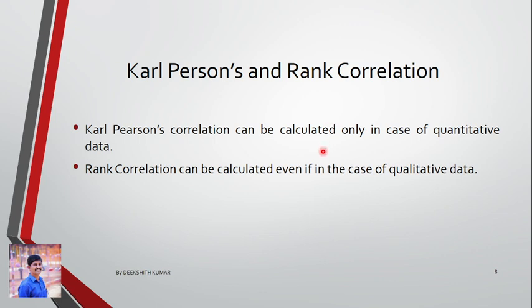Whereas in rank correlation, quantitative data is not required, qualitative data is enough. Numbers are not required, we can do it with qualitative ranks like rank 1, rank 2. So rank correlation can be calculated even in the case of qualitative data. So there is a difference between Karl Pearson's and Spearman's rank correlation.